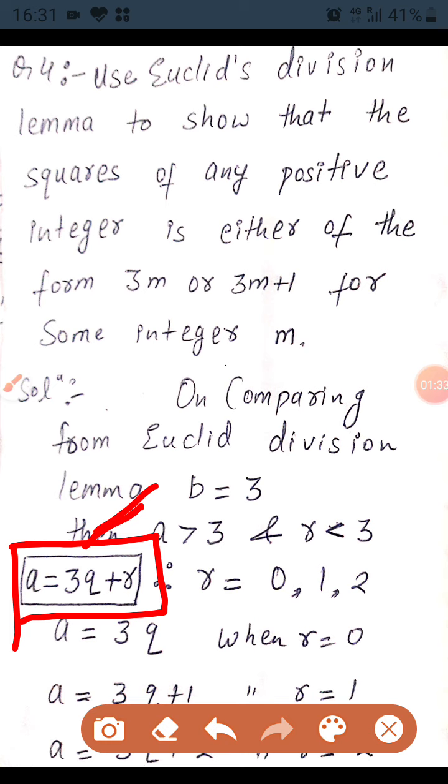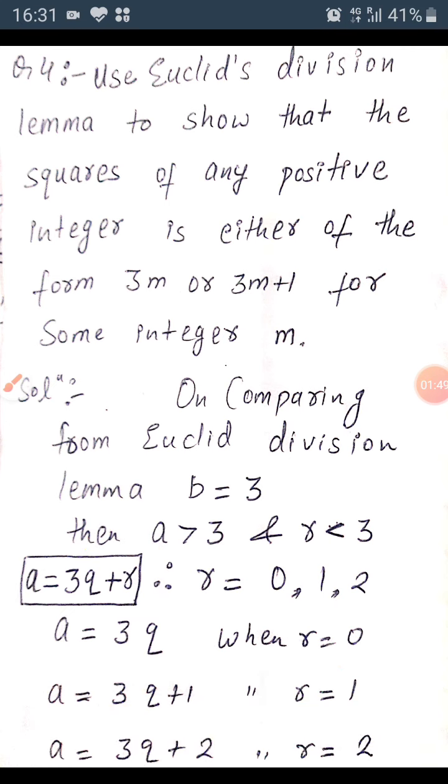equation: r is equal to 0. For r equal to 0, a is equal to 3q. For r equal to 1, a is equal to 3q plus 1. And for r equal to 2, a is equal to 3q plus 2.